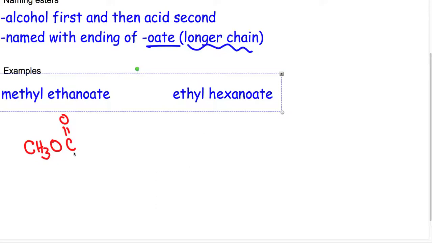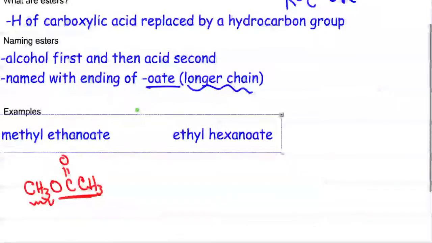So there's 1 carbon, and here's the second carbon. So here's the ethanoate part, and then there's my methyl group. So notice how you named the alcohol part first, which was where the H originally was, and then you named the acid part, which is the longer chain.